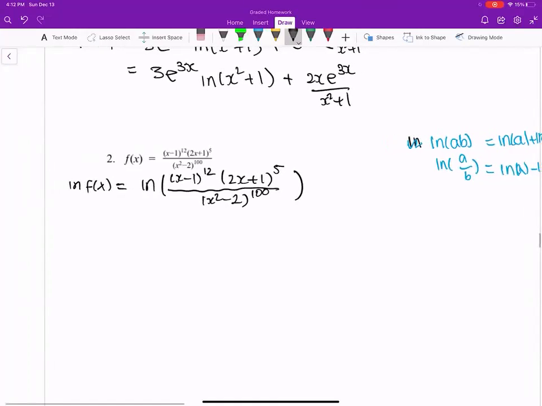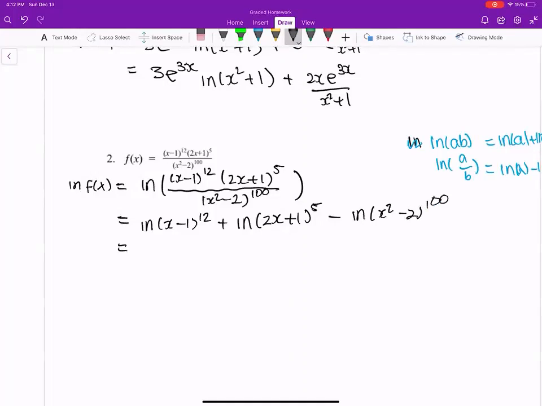That's the main point of logarithmic differentiation. So now we can simplify this right side to ln (x minus 1) to the power of 12 plus ln (2x plus 1) to the power of 5, minus ln (x squared minus 2) to the power of 100. If I'm going too fast, just let me know.